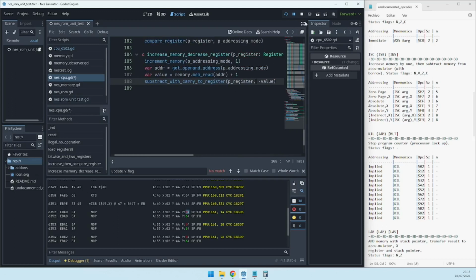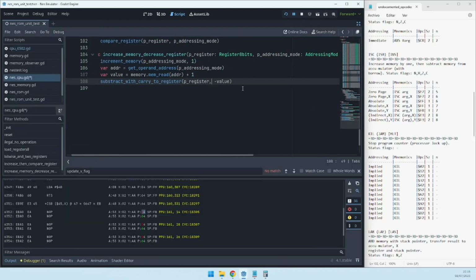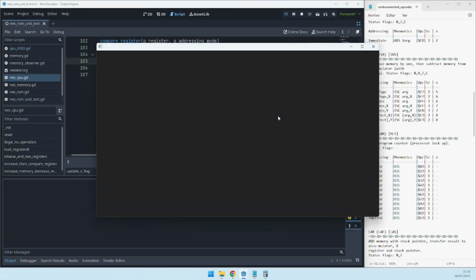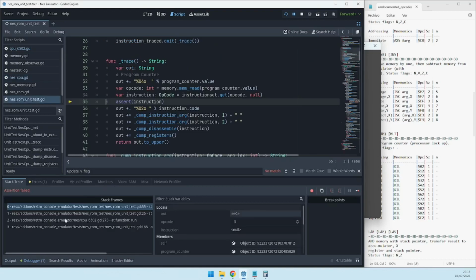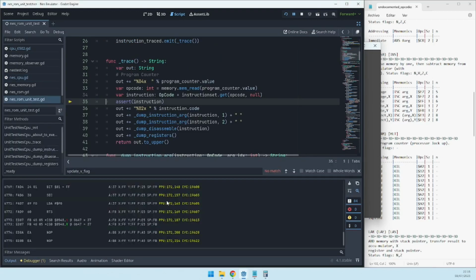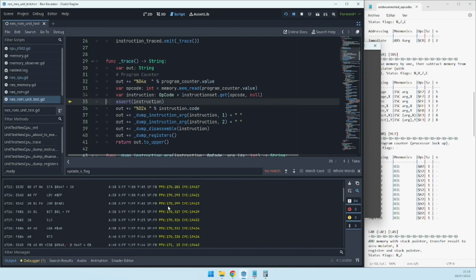Addressing mode. Can I use the addressing mode instead and not use this? How does that work? Okay, that worked pretty much fine.